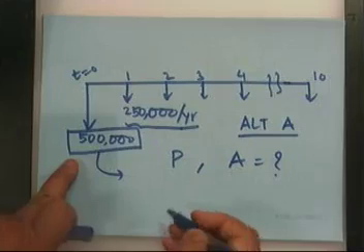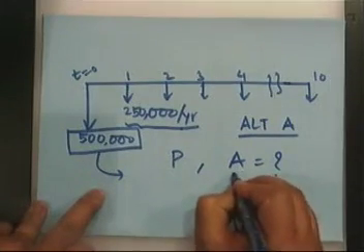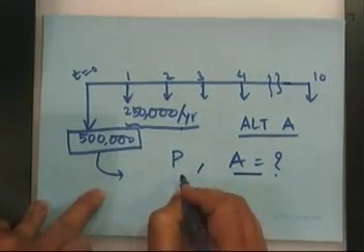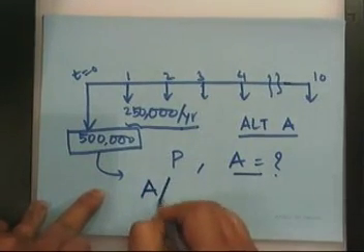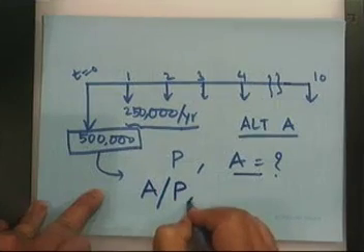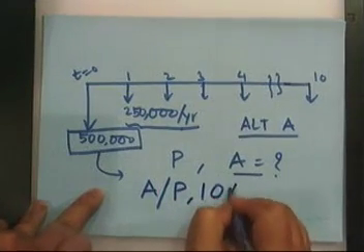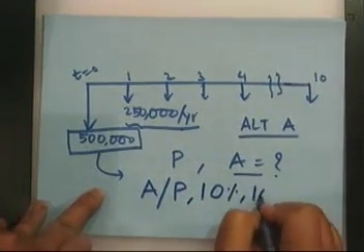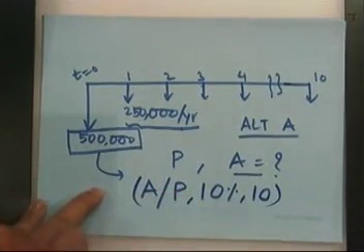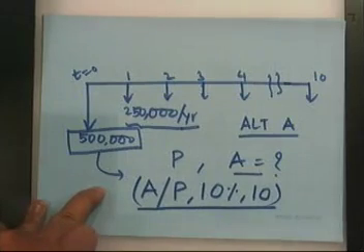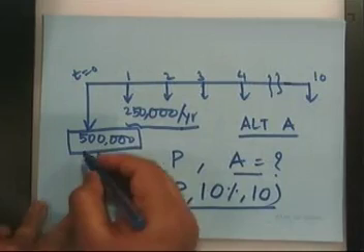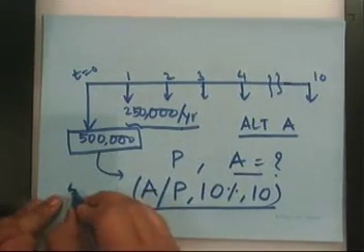So, A I need to find, P is given to me. I will simply use the factor A given P for an interest rate of 10% for a period of 10. I will find this factor from the table and multiply it with this 500,000.